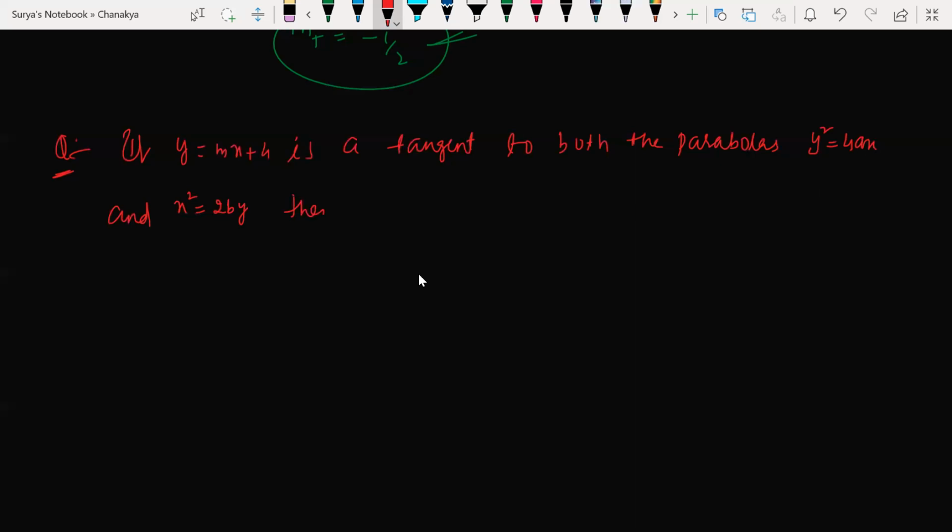Then what is the value of b? This is a question which has been asked in JEE 2020.